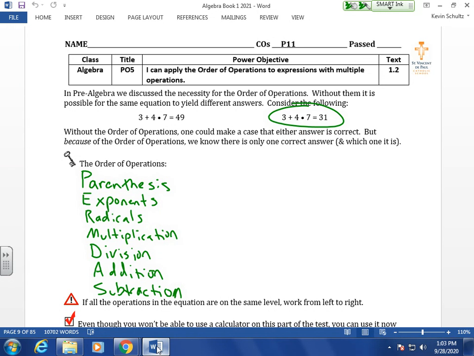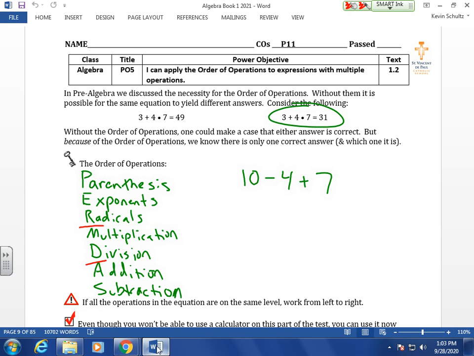So what Luke's asking about is if we have something like 10 minus 4 plus 7, where we do have subtraction followed by addition, and according to the order of operations, we should do the addition first. Not exactly. Because addition and subtraction are on the same level.